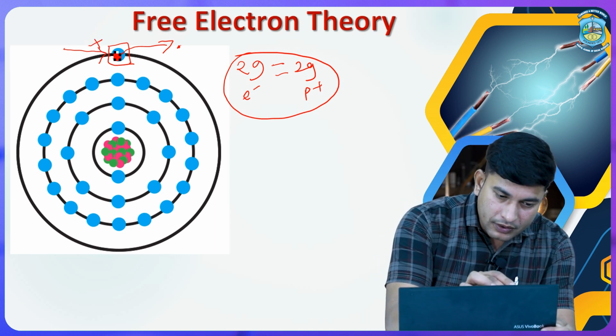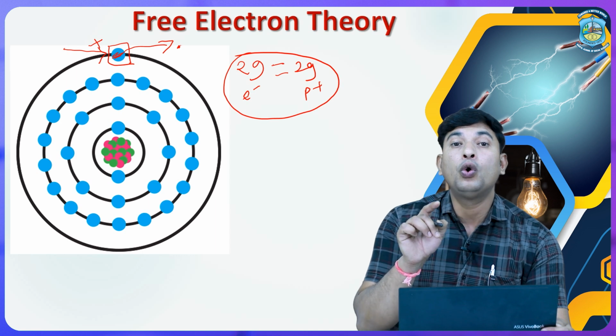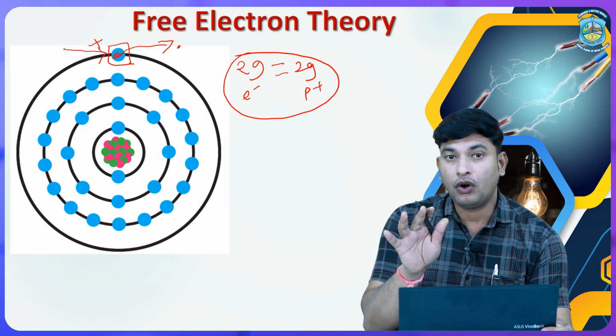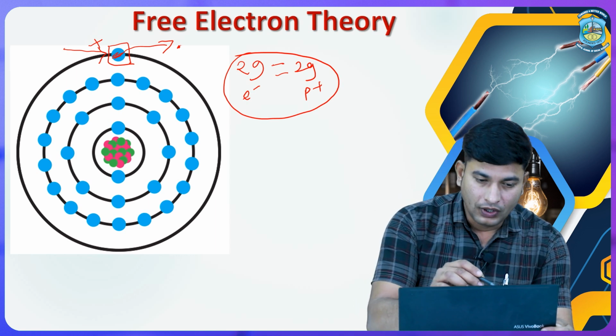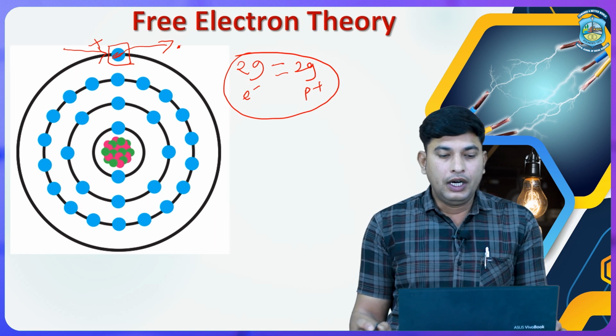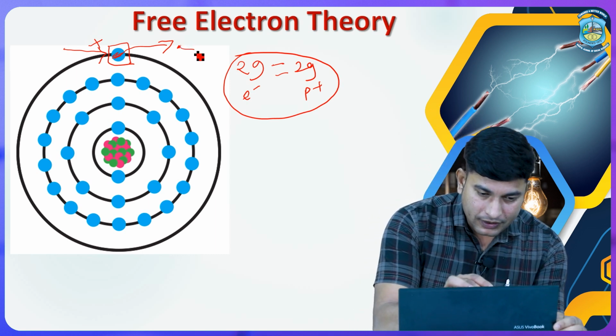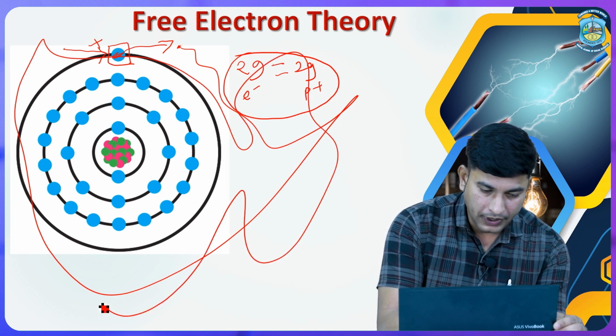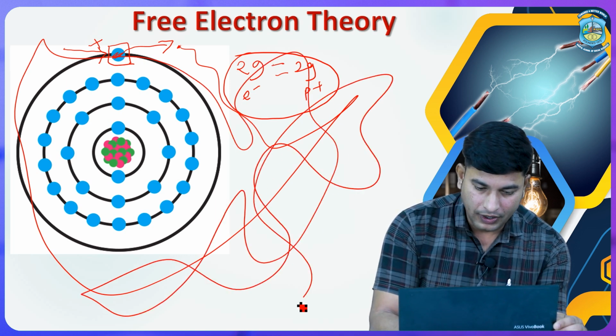In this position a positive hole will be created, equal in magnitude to the electron. And obviously, when the electron comes out of its orbit, it will move something like this. We cannot predict the direction, it can go anywhere.